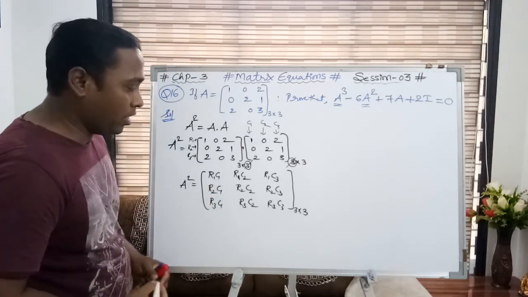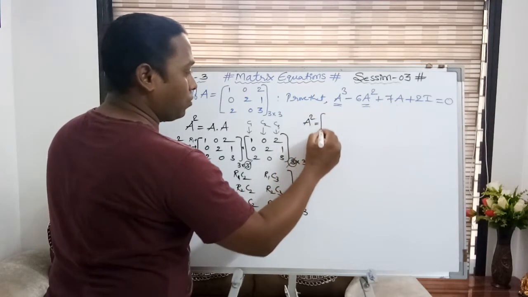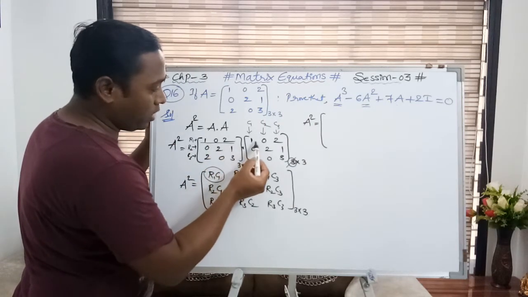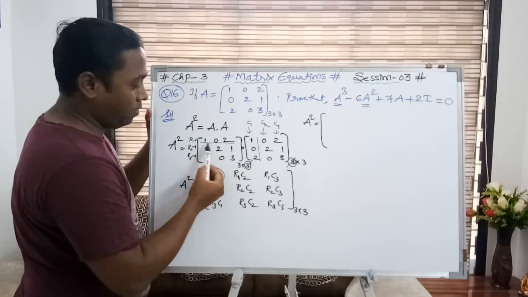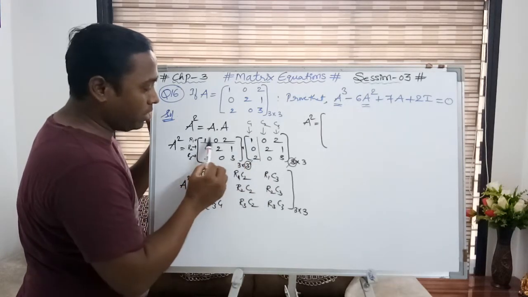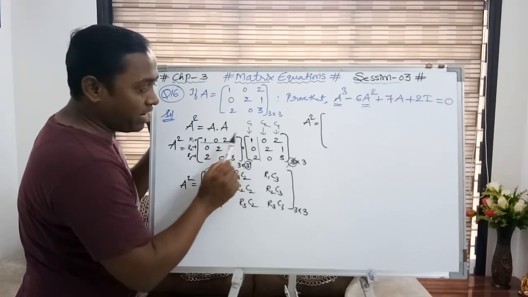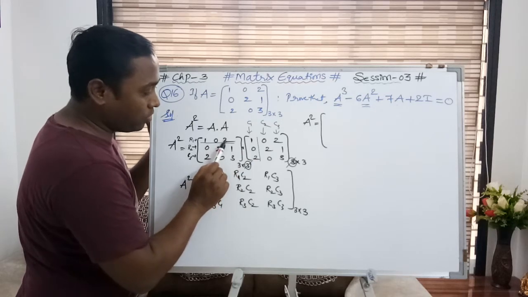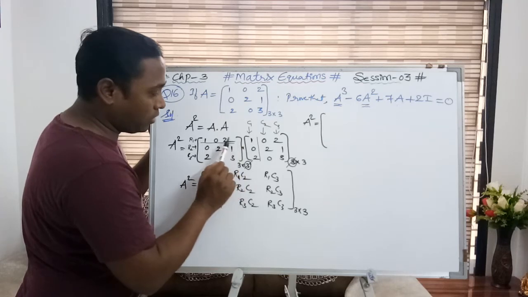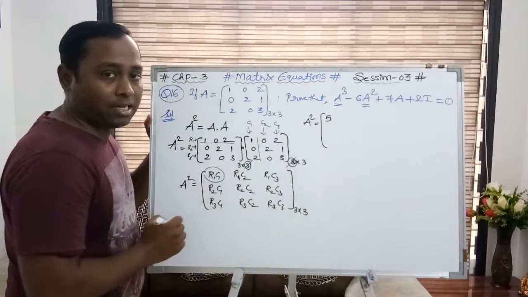What does it mean? Let us say A square equals R1 into C1, which means the first row is multiplied by the first column, meaning corresponding elements are multiplied and then added. So first 1 is multiplied by 1, 0 is multiplied by 0, 2 is multiplied by 2. When you do that, 1 ones are 1, 0 ones are 0, 2 twos are 4. Total answer is 5, one single digit.